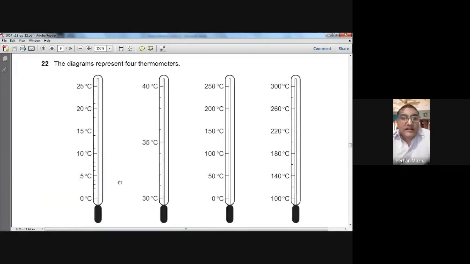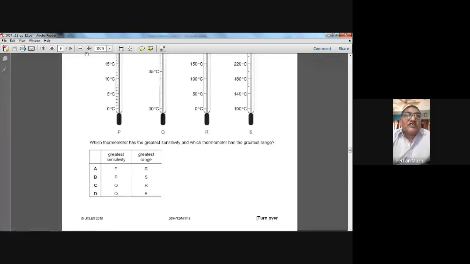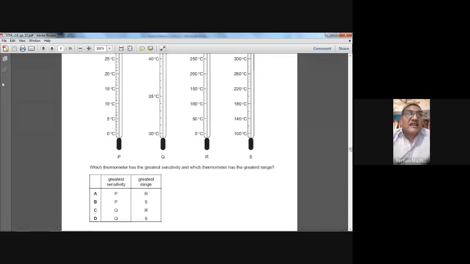Here are four thermometers. They have equal length, but the readings are different on them. This goes from 30 to 40. And this goes from 0 to 250. The question is, which thermometer has the greatest sensitivity?